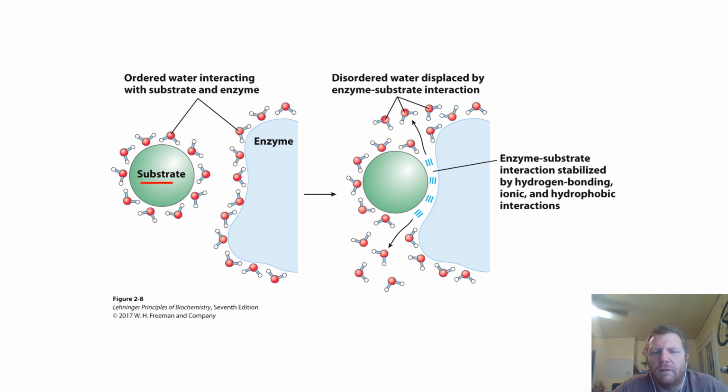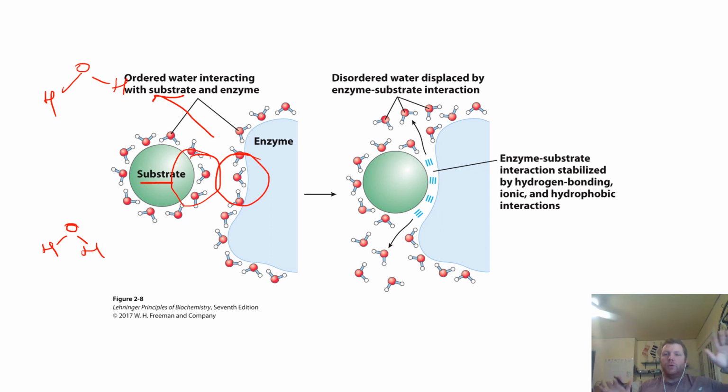If you can force them together, all these water molecules can go off and do whatever they want. They can be all over here and get separate from one another, floating around freely. So you've increased the entropy, you've increased the disorder of that system by doing that.